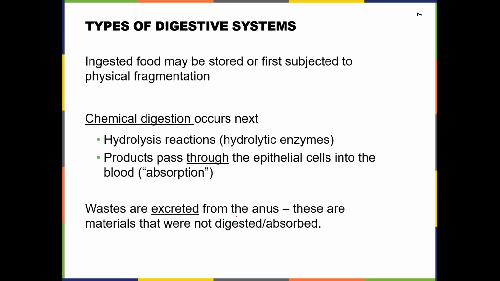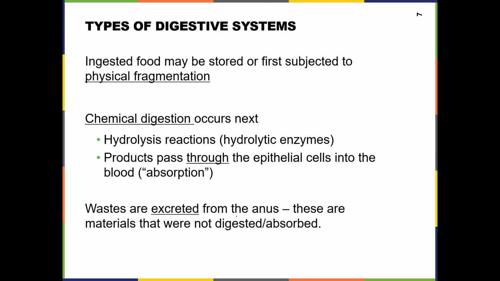And there is a simple epithelium that lines the digestive system, so it's a single layer. The monomers have to go into those cells and then out the other side. So they actually go through the epithelial cells. And so when the monomers pass through the epithelial cells, we call that absorption. And what is on the other side of the epithelium is the blood vessel, the circulatory system.